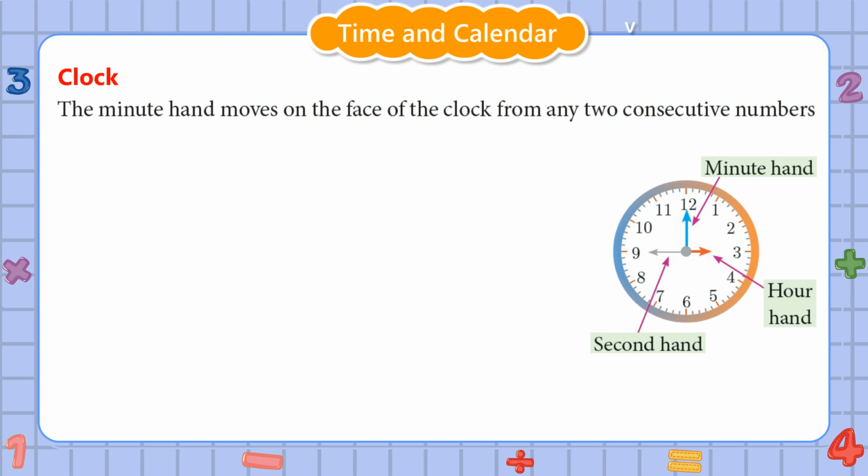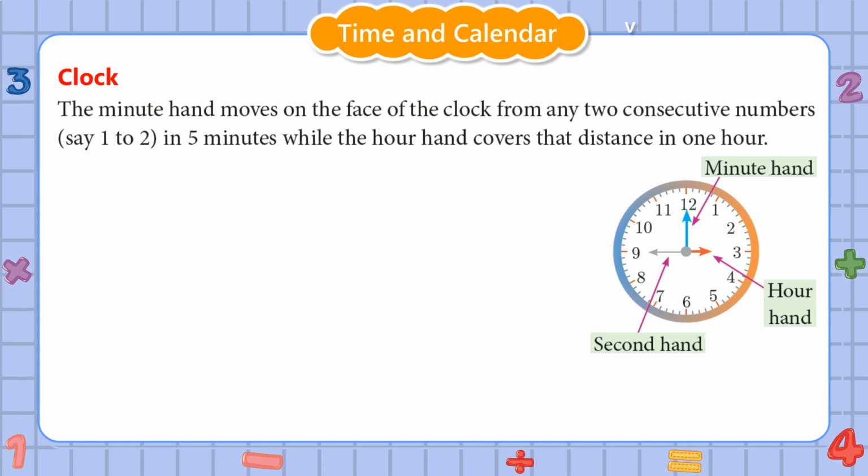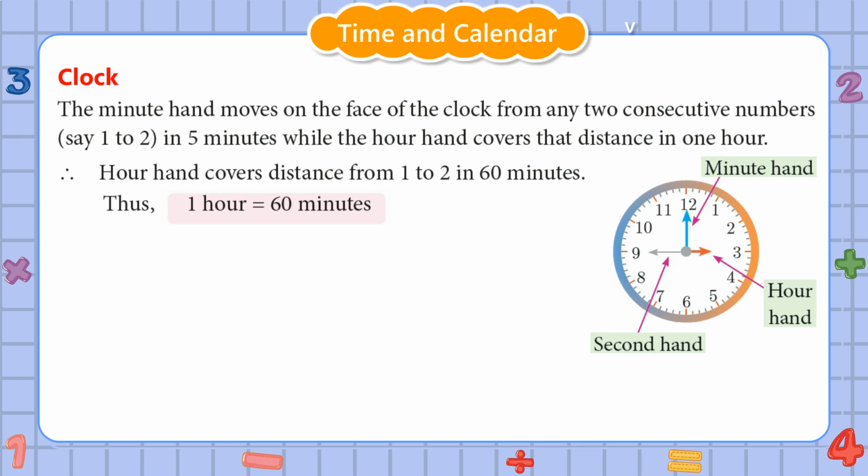The minute hand moves on the face of the clock from any two consecutive numbers, say 1 to 2, in 5 minutes, while the hour hand covers that distance in 1 hour. Therefore, the hour hand covers the distance from 1 to 2 in 60 minutes. Thus, 1 hour is equal to 60 minutes.